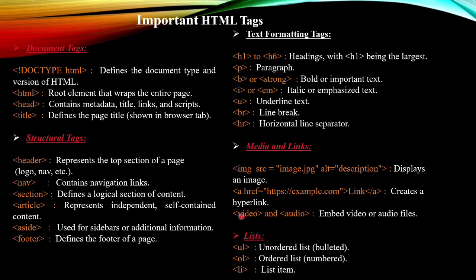Video and audio tags are used to add videos and audios to your web page. Then the lists, which contain unordered list and ordered list. Unordered list contains bullets, whereas ordered list contains a numbered list.